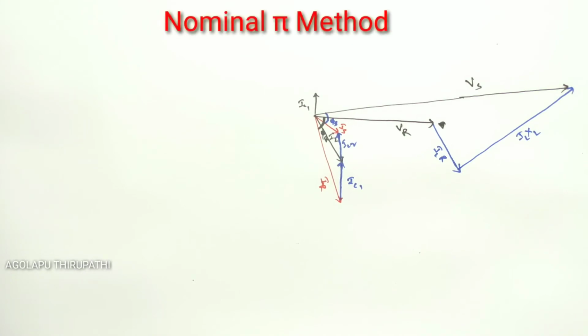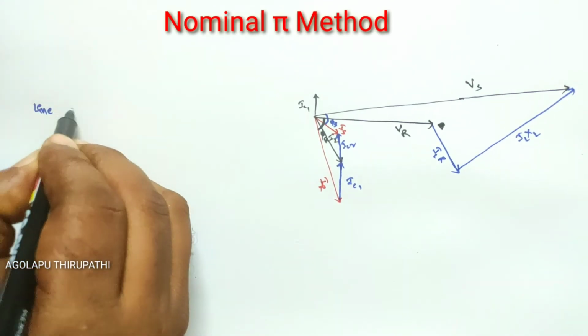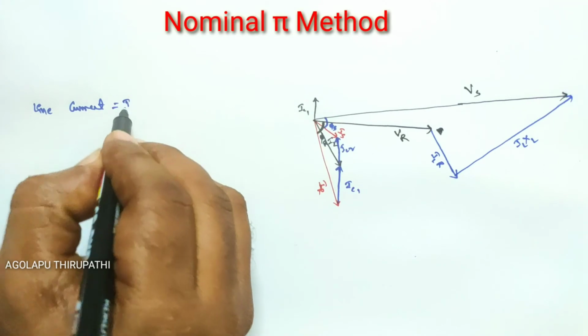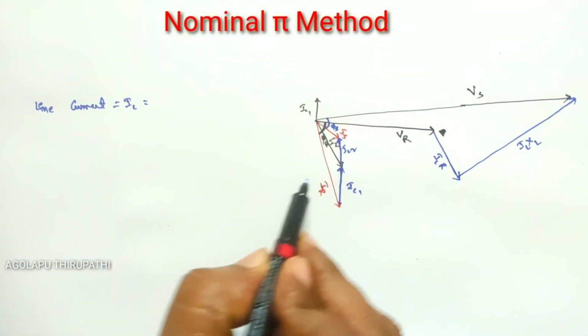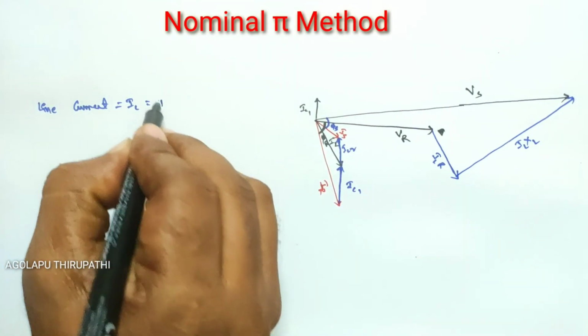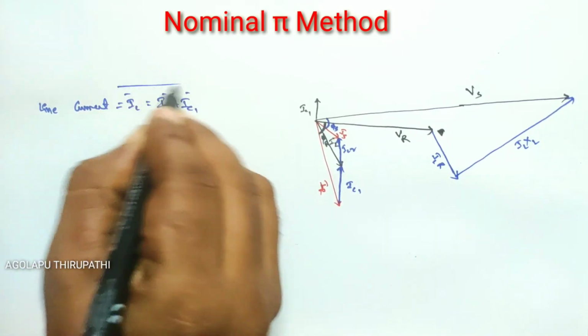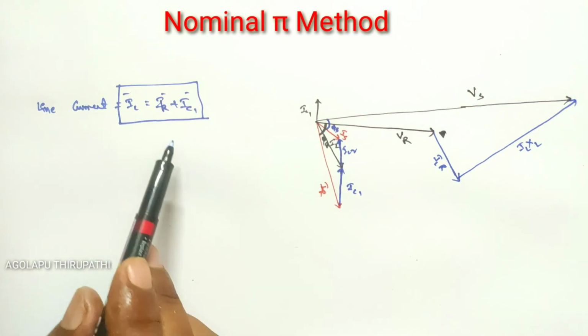From this phasor diagram we can write that line current IL is equal to IR plus IC1. This is the vector sum: IL bar is equal to IR bar plus IC1.